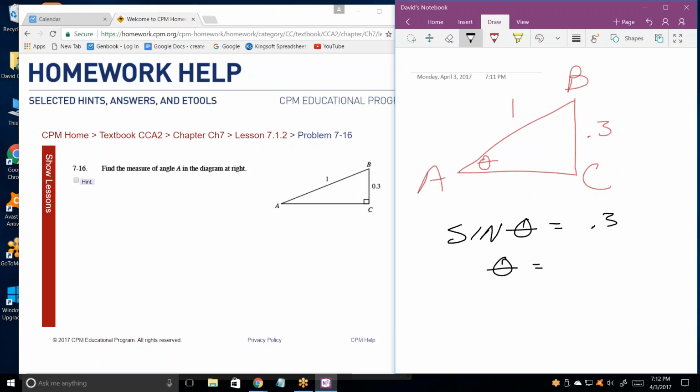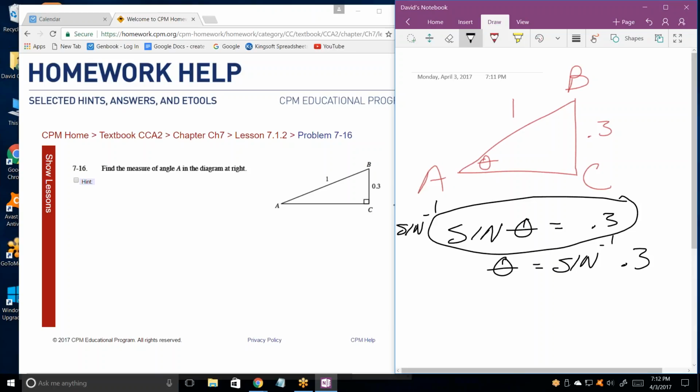So theta equals what? 17.4. Hold on. How do you do it? I don't care about the answer. How do you figure out theta? You take the inverse sine of 0.3. Notice that we have the sine of an angle equals a number. If I take the inverse sine of both sides, then the left side becomes just theta.